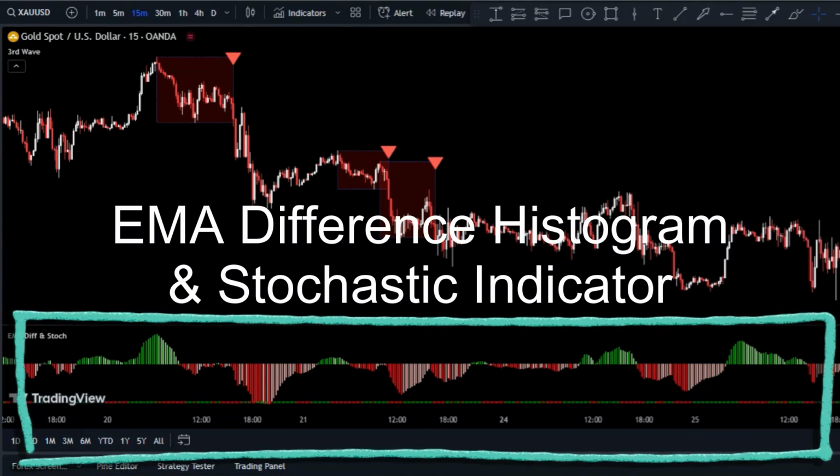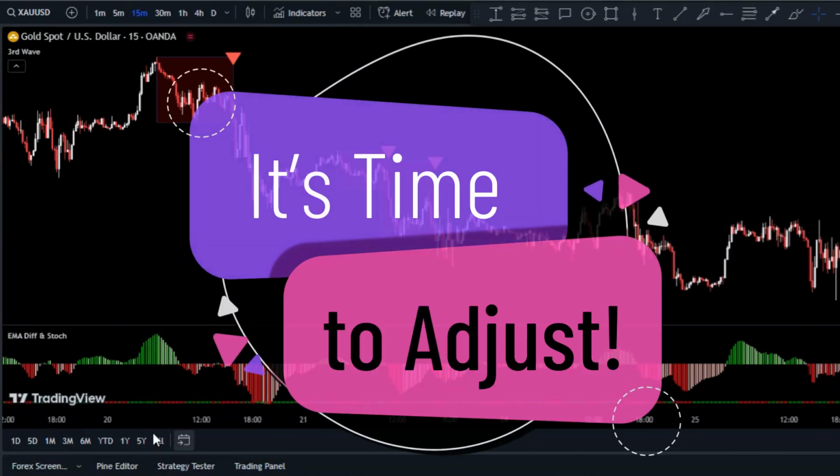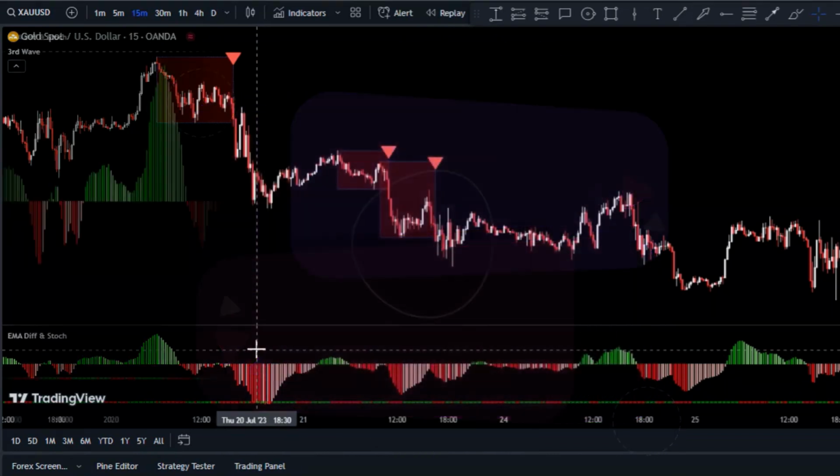However, before employing this oscillator as a filter, make sure to apply adjustments demonstrated in the video to its settings.